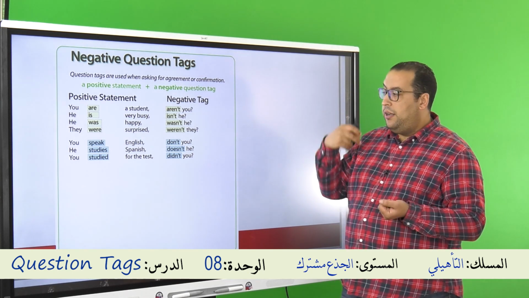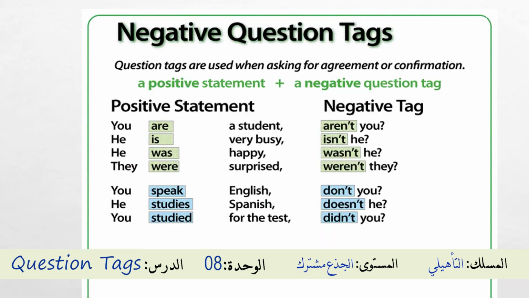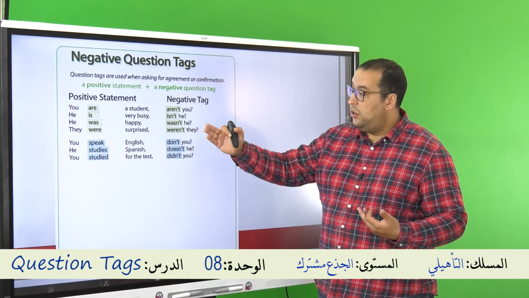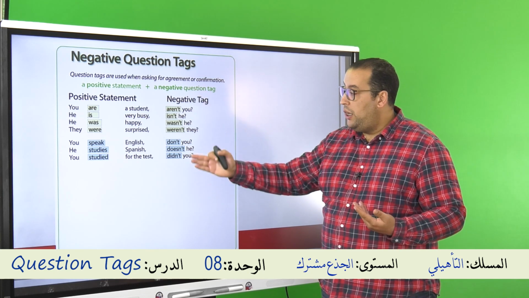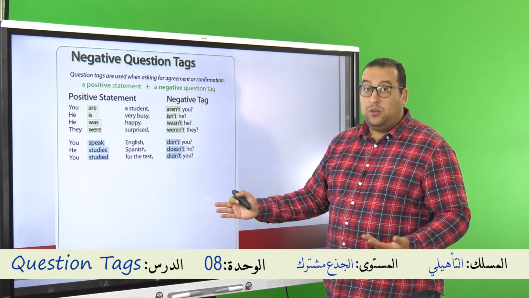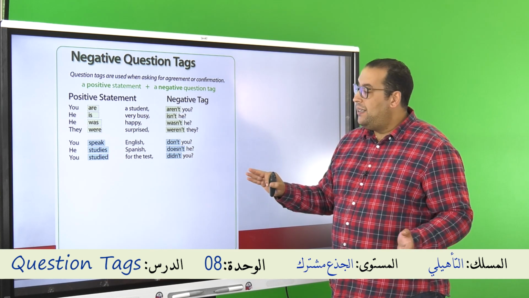You studied for the test, didn't you? So you see here that don't, doesn't, and didn't, they all belong to the verb do, okay? Do, don't. But always this part here is devoted to the negative. It is always in the negative.